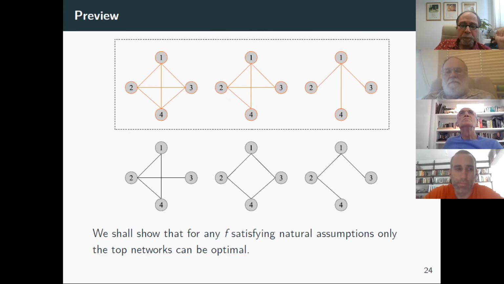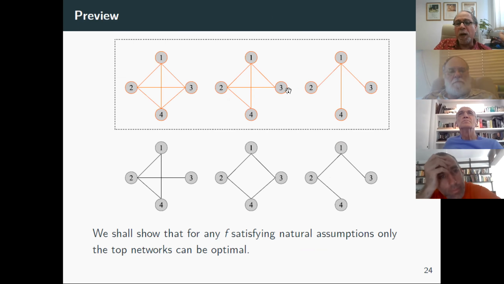Now, if we take the union of these two functions, then these are the three networks that arise as optimal for some utility function. The top ones can arise; the bottom ones never arise as optimal.